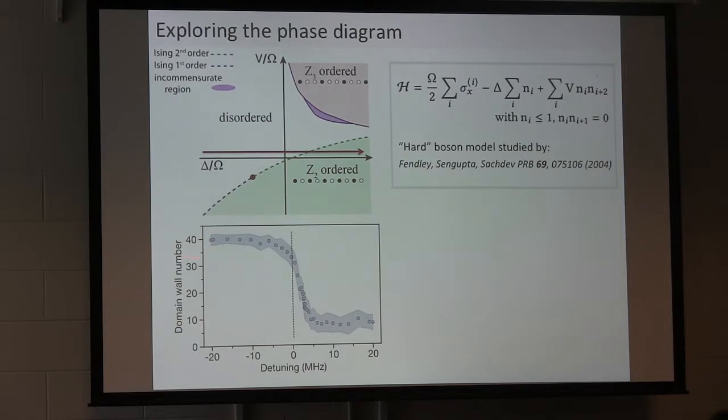For the ground state, or disordered state as we call it here, because of the quantum fluctuations induced by omega, the number of domain walls should be close to the system size, so on the order of 40 in our case. And as you transition into this, in principle, perfectly ordered state, this should go to 0. This is our experimental curve, and you see that it shows quite a nice, sharp transition between these two limits here.